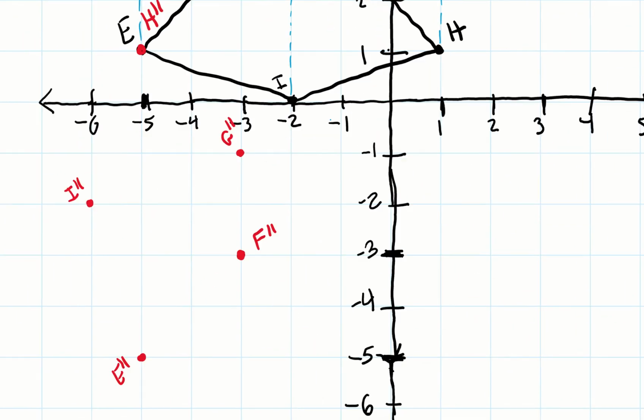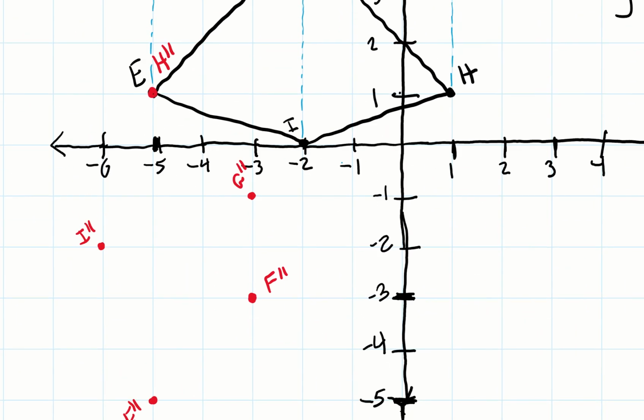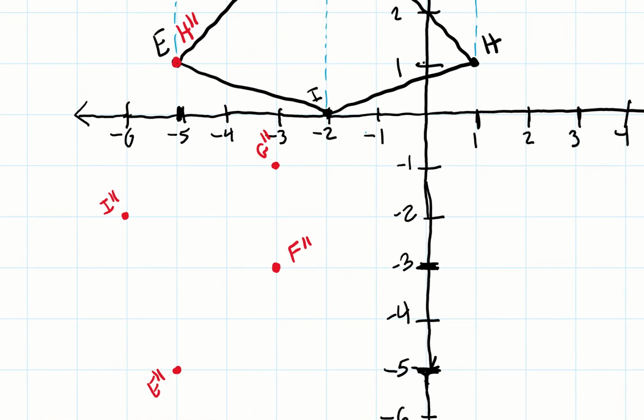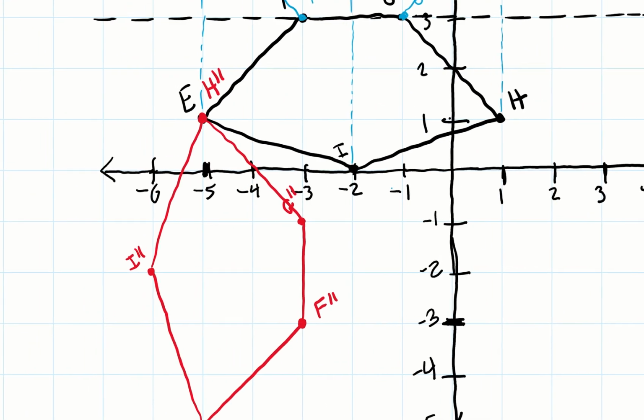All right, so it looks like we have our final pentagon. This is going to be our image.